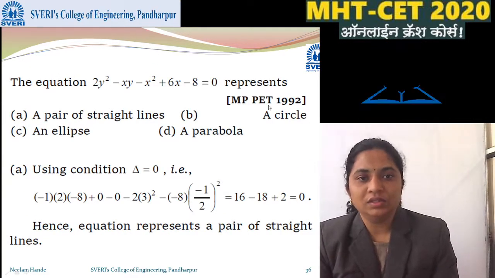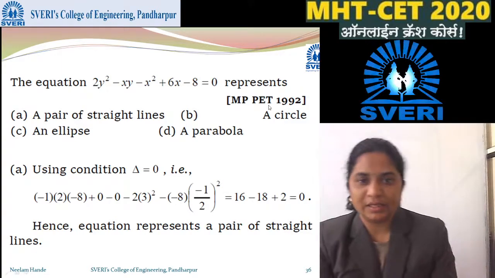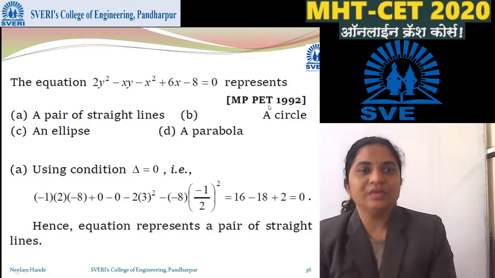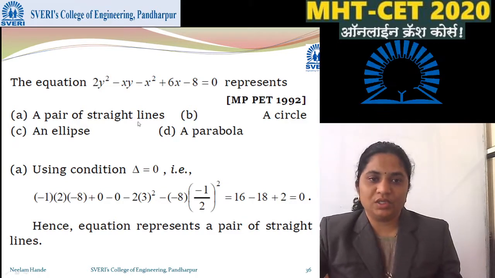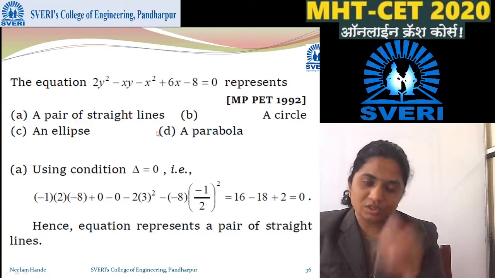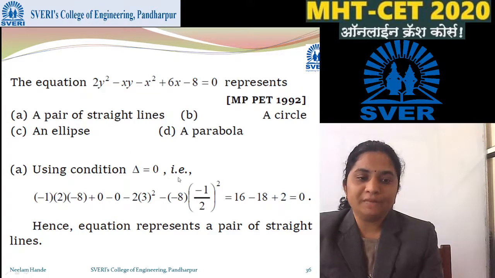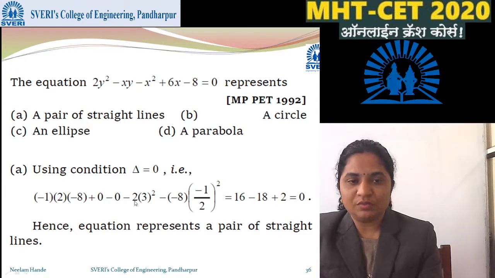There is one equation 2y square minus xy minus x square plus 6x minus 8 equal to 0, and you have to find what it represents. So we know the condition again for the equation ax square plus by square plus 2hxy plus 2gx plus 2fy plus c equal to 0. The condition is delta equal to 0, where delta is abc plus 2fgh minus af square minus bg square minus ch square.